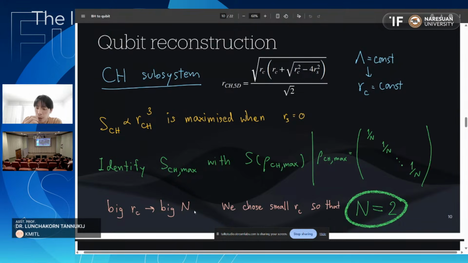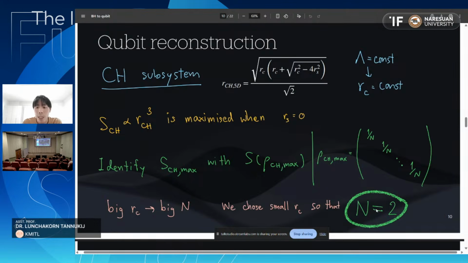Because of the limitation of my calculation and my tools, I'm going to choose to consider only the case when n is 2. So basically, I'm going to consider the qubit version, just a two quantum state object in this case. That's why I chose 2 as our starting point.